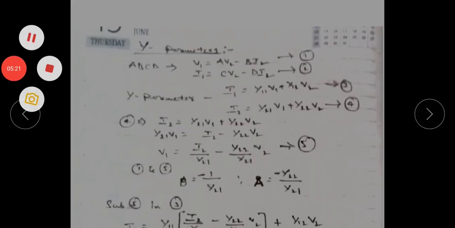Now see equation number 4. Equation 4 has I2, V1, V2 terms. Equation 2 has I2, I1, V2, so we cannot convert equation 4 like equation number 2. Equation 1 has I2, V1, V2, so by using equation 4 we can convert this into the V1 equation.